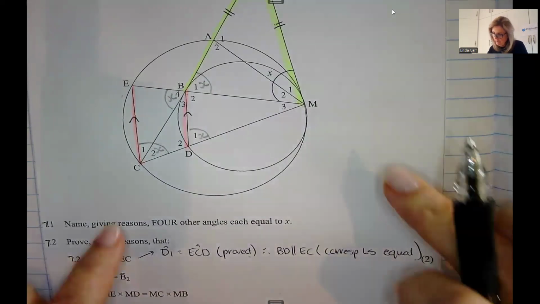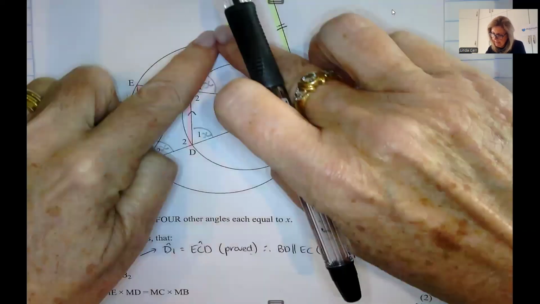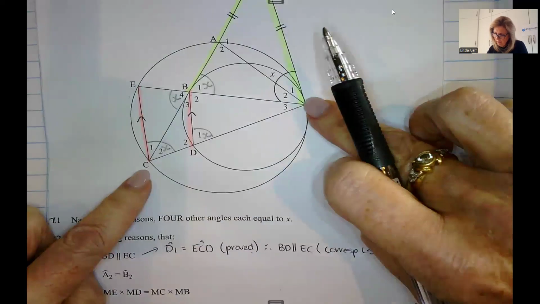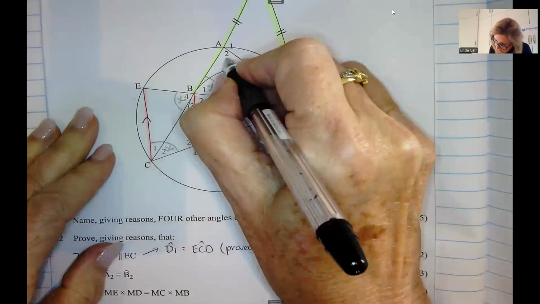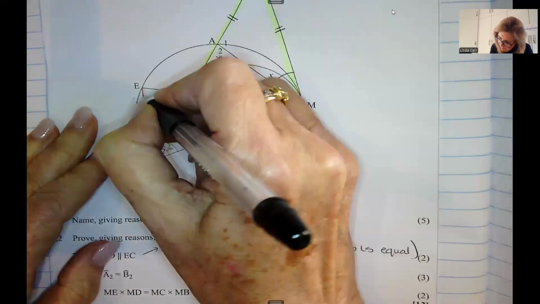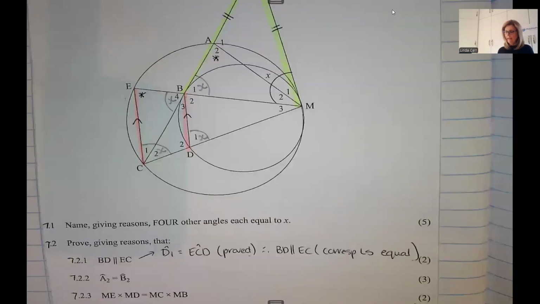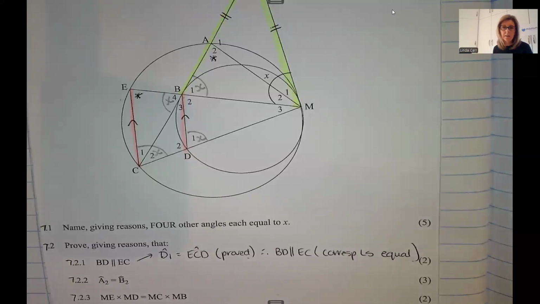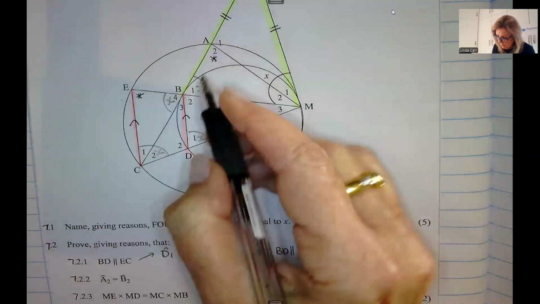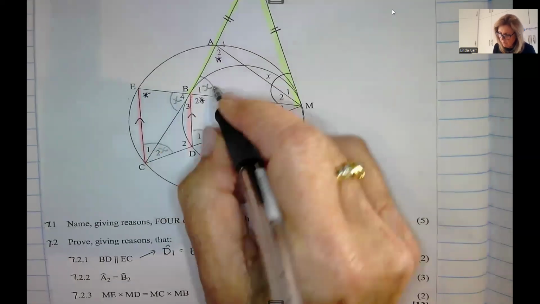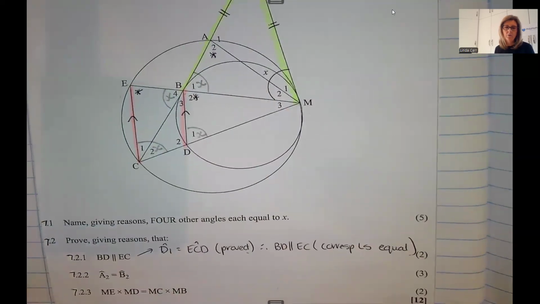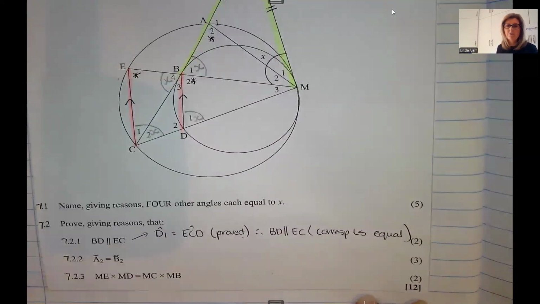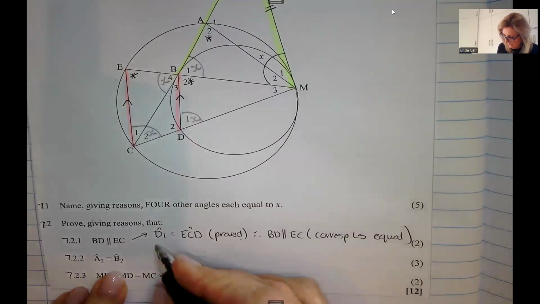So much earlier we said A2 is equal to E. So A2 is equal to E because of angles in the same segment, but B2 is equal to E because of corresponding angles, and therefore A2 and B2 must be equal to each other.